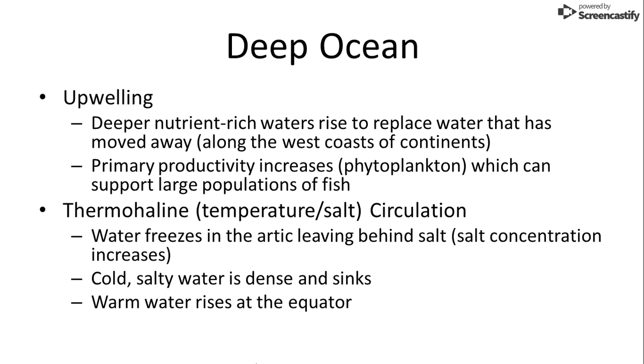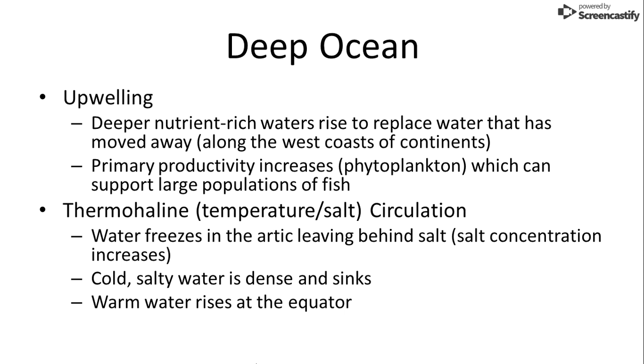The other thing that we're going to be concerned with in the deep ocean is thermohaline circulation. When water gets up into the Arctic, it freezes. When water freezes, it leaves salt behind. So the salt concentration in the liquid Arctic water is higher.